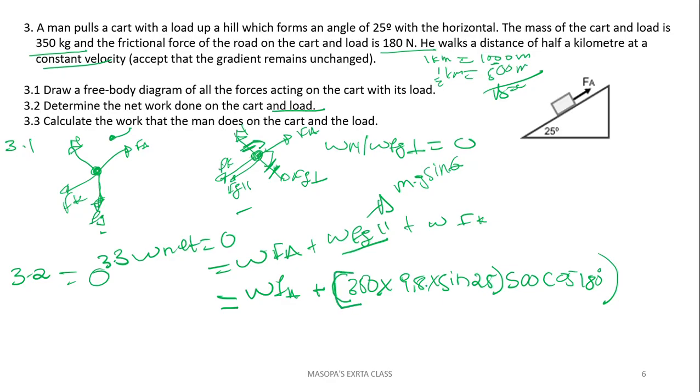And the work done by Fk will be 180 times 500, multiplied by cos of 180, because Fk is downward but your displacement is up.